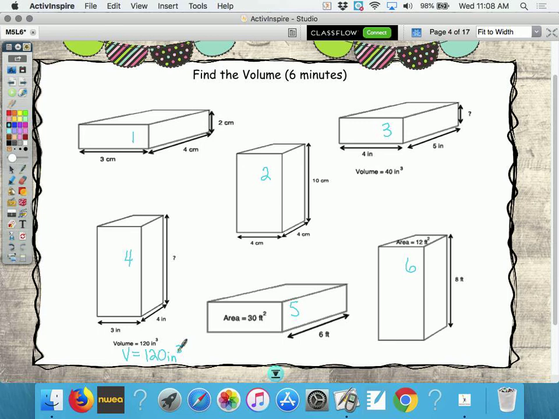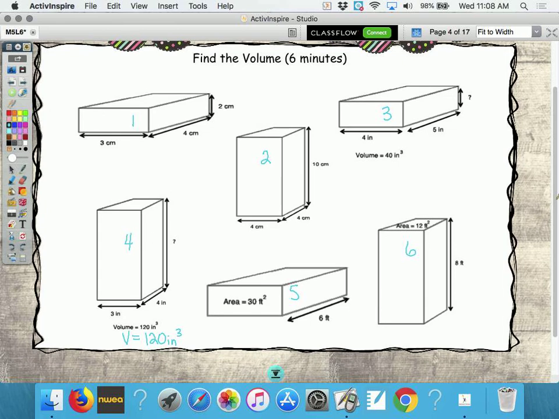Underneath Prism 3, you could do volume equals 40 inches cubed. Okay, so I'm sorry you can't see it very well. But what I want you to do, I'm going to pull sticks, and here are the ones we know how to do.